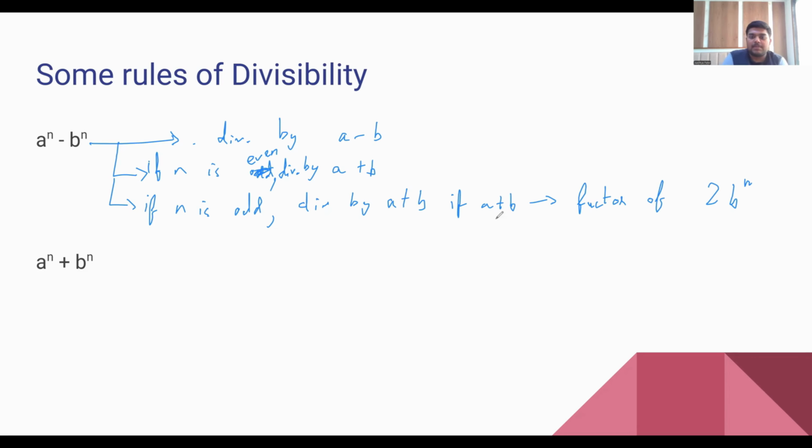Okay, so a plus b has to be a factor of this for a to the power n minus b to the power n to be divisible by a plus b in case n is odd.